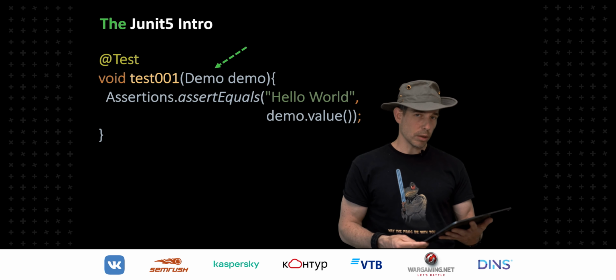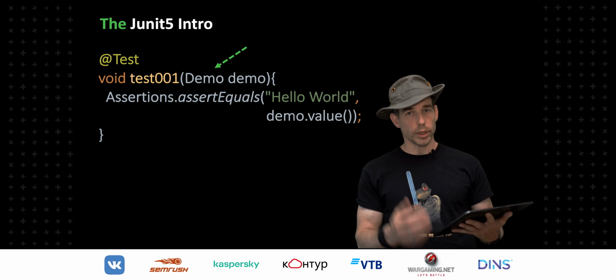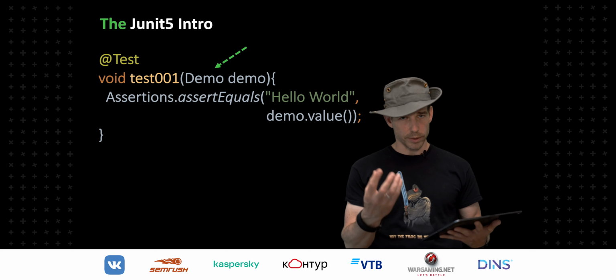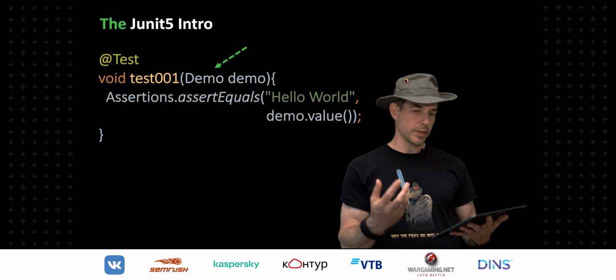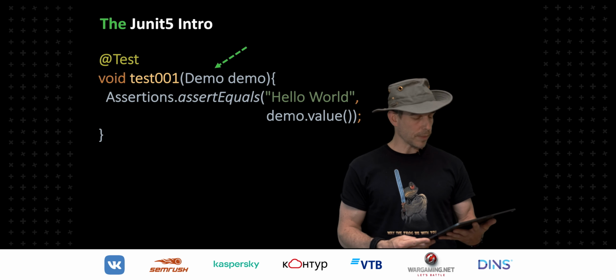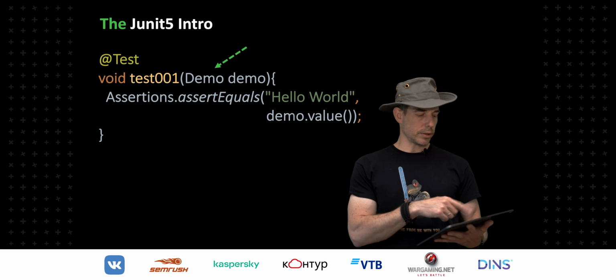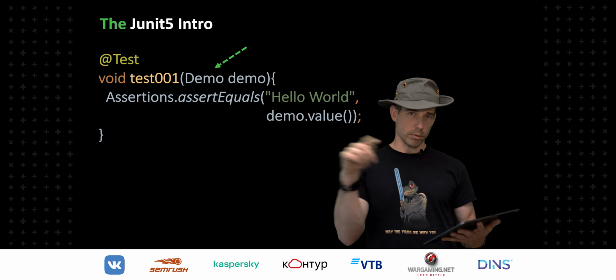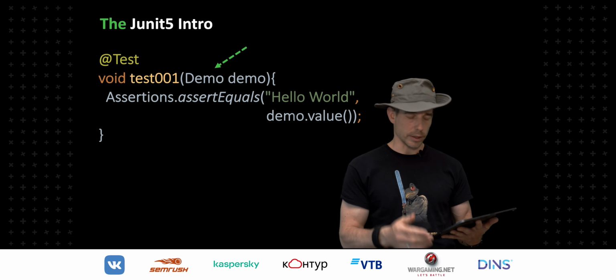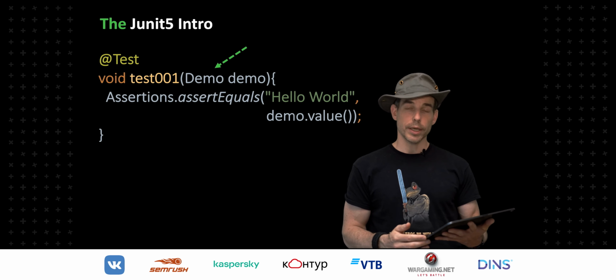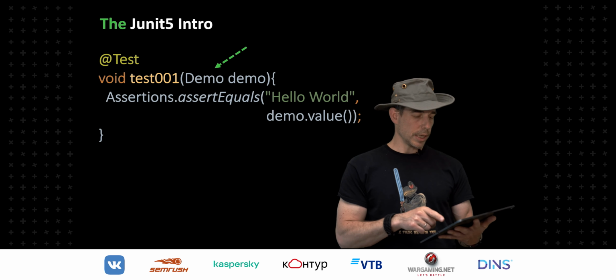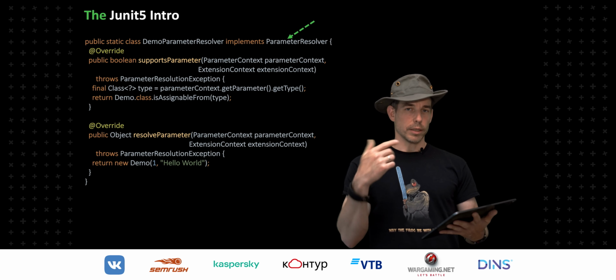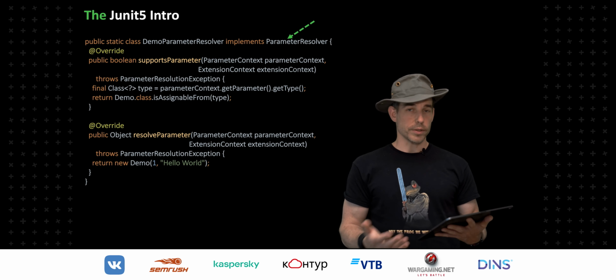So if I want to have my own instance injected, because there's quite easy dependency injection implemented in JUnit5, you can just declare it here, so to say at test, and then you're writing inside the method signature the classes and variables you need. And now JUnit5 needs to understand this one.